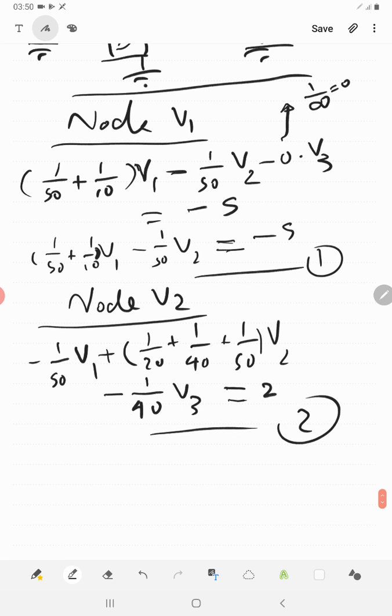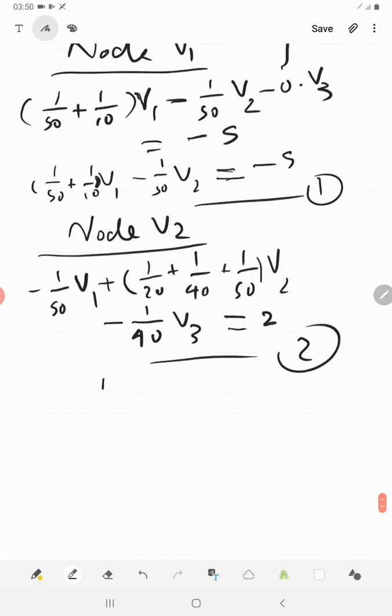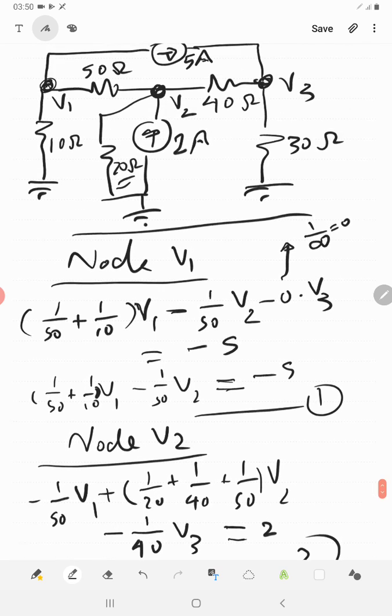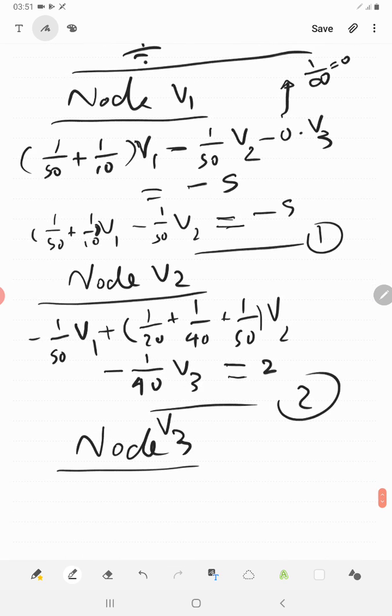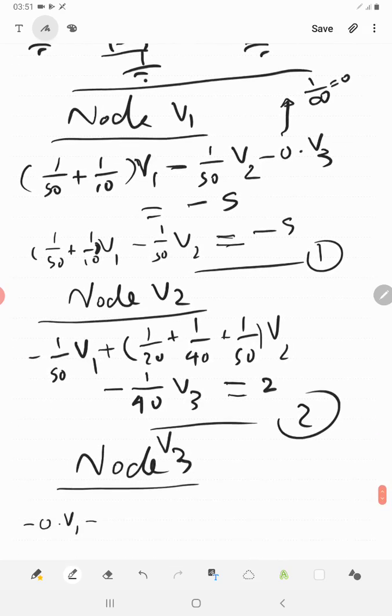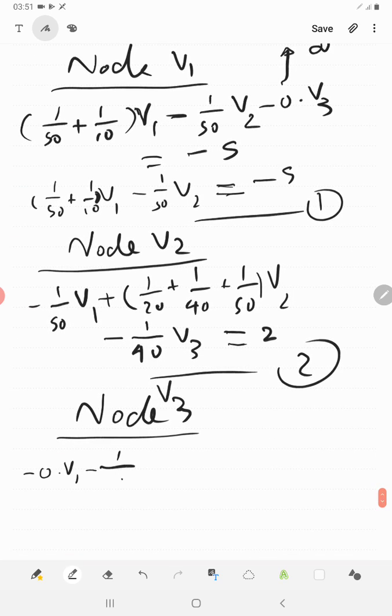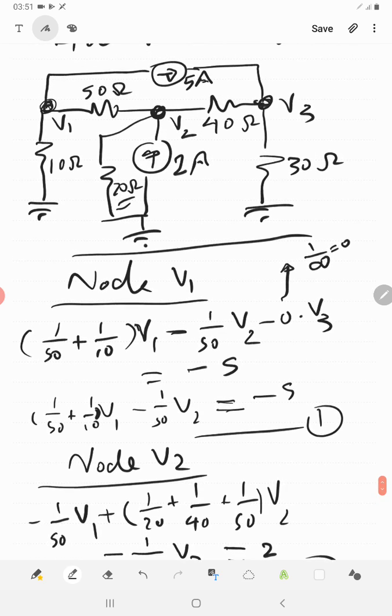Okay, now we go to node 3, node V3. Okay, node V3, it is connected with V1 through an infinite resistor, so we have minus 0 times V1 minus, connected to V2 through the 40, minus 1 over 40 V2. Now say plus, because we are writing the equation of node V3.